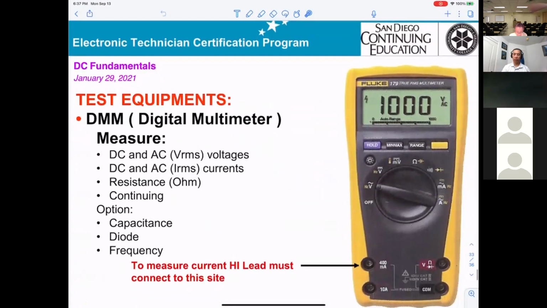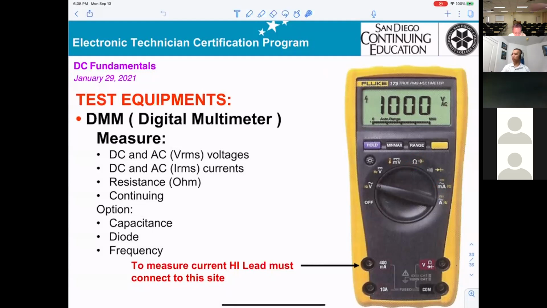And this is the meter we normally use in the Lab-Volt system. They are the same thing. You can recognize that this is the voltage AC, voltage DC. This is the resistance measurement. This is the current measurement, AC, DC current.